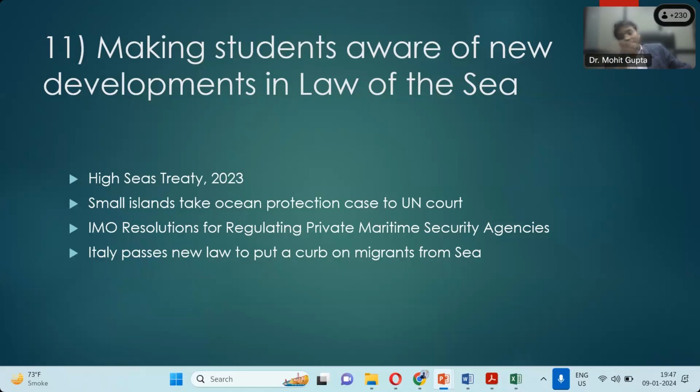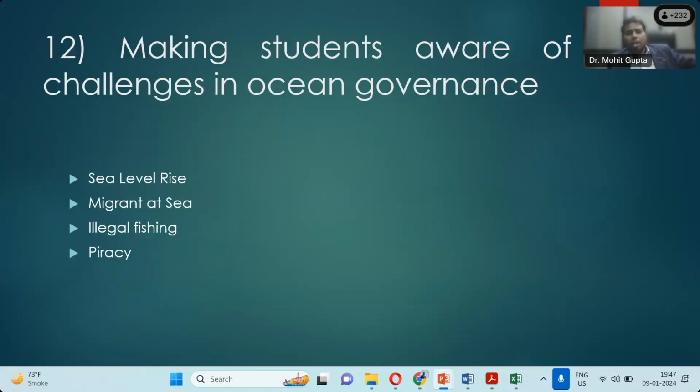So all those are recent developments, and I believe students should be made aware of them, connecting them with whatever we are teaching in class. For instance, when we are teaching about maritime security, we can also tell the students that the IMO has passed many resolutions related to private maritime security guards on these merchant ships.